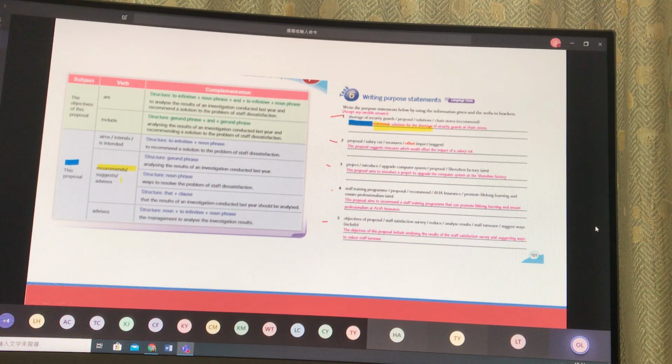And the objectives of this proposal include analyzing the results of the staff satisfaction survey and suggesting ways to reduce staff turnover. Alright, so you can see it follows these formats. The objectives for this proposal are, include, aims, recommends, advises, and then what we plan to do. Okay, so record this and maybe come back and use it later when you're writing your proposals. I know that part was a little difficult.